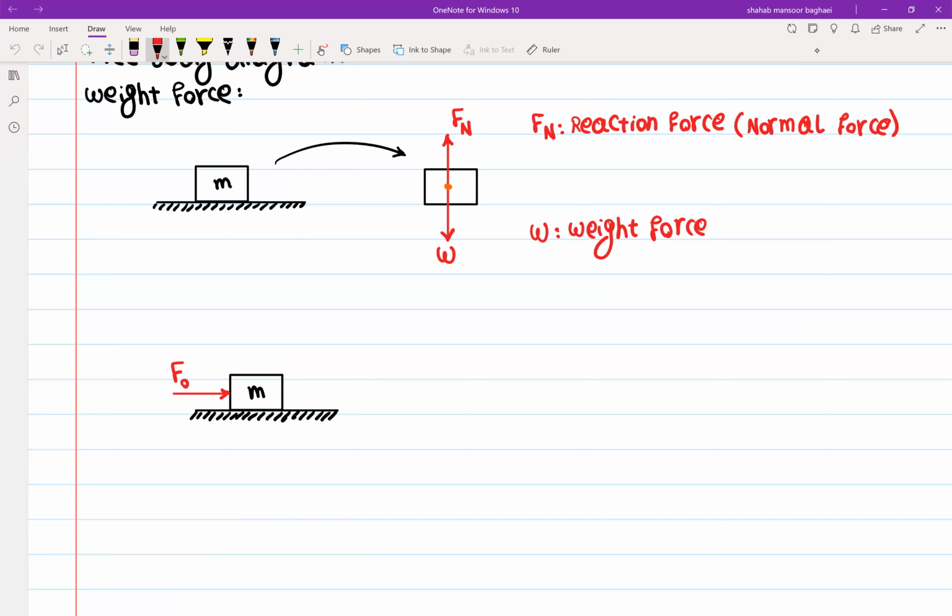This kind of force can be applied by my hands, or maybe it is applied by a specific machine, or maybe it is applied by interaction with another object. It is called external force.